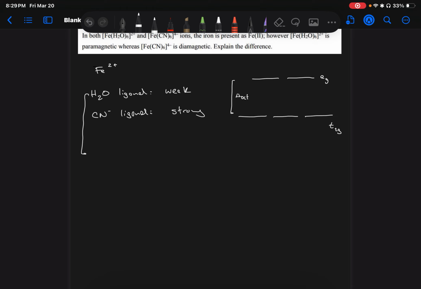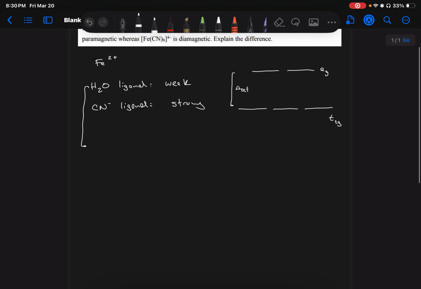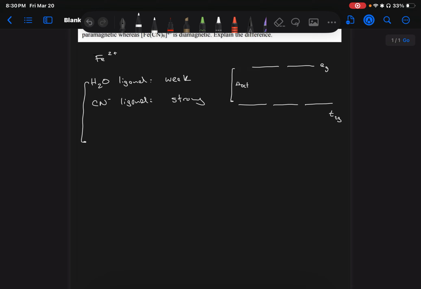this gap is going to be smaller. Delta oct is going to be smaller compared to a strong field ligand. It'll make sense in a bit. So let's redraw this. EG, T2G, and then we're going to have strong here.